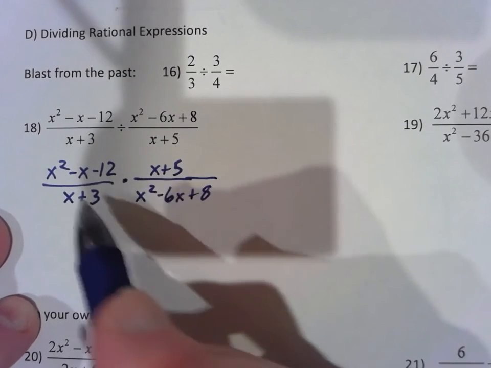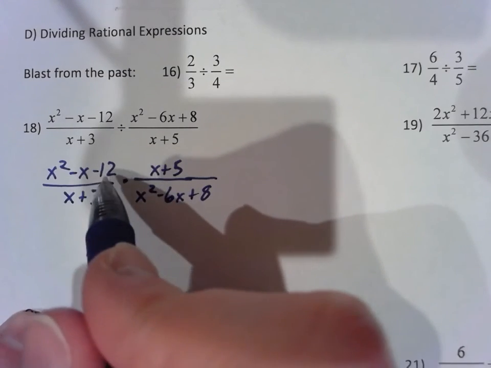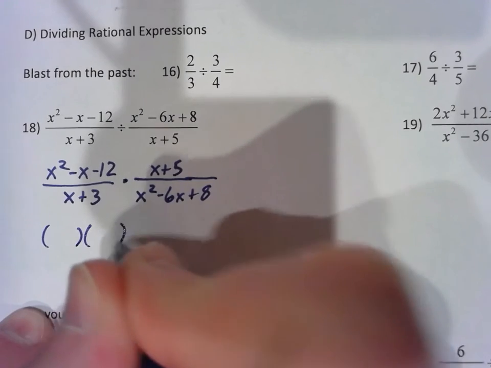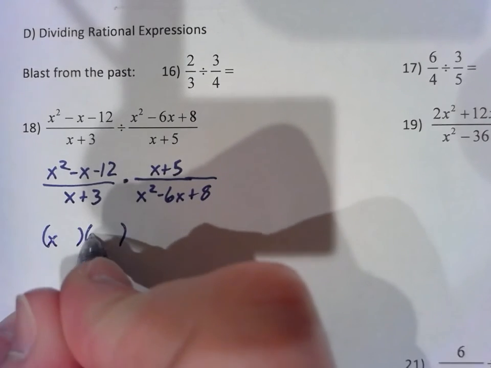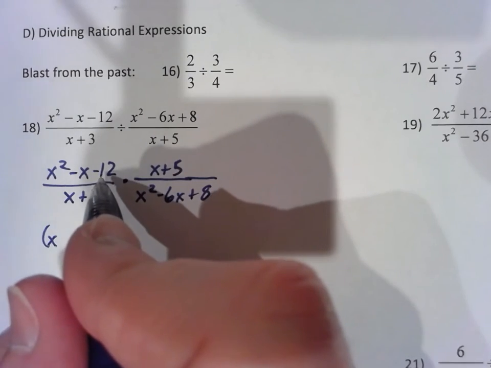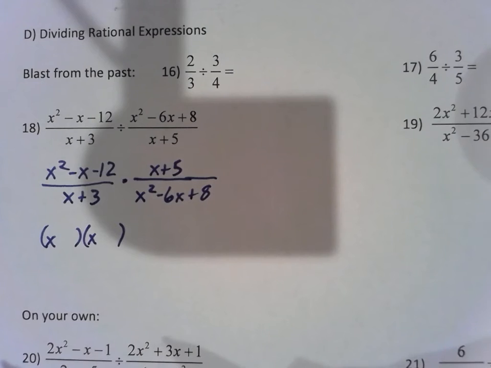Now, once you have a multiplication problem, now we can factor. X squared minus x minus 12 factors. First term is x times x to get x squared. The last one, I need negative 12, so 1 and 12, 2 and 6, or 3 and 4.